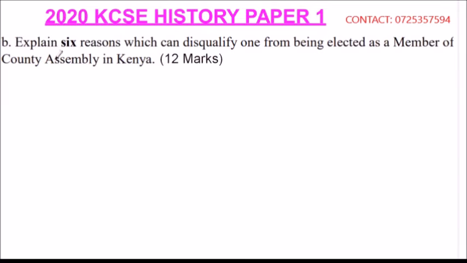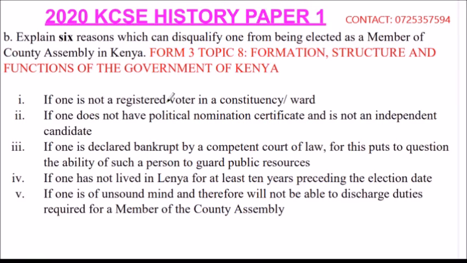Part B: explain 6 reasons which can disqualify one from being elected as a member of County Assembly in Kenya. One reason that can make you not be elected as a member of County Assembly, that is what we call MCA, is if one is not a registered voter in a constituency or ward.